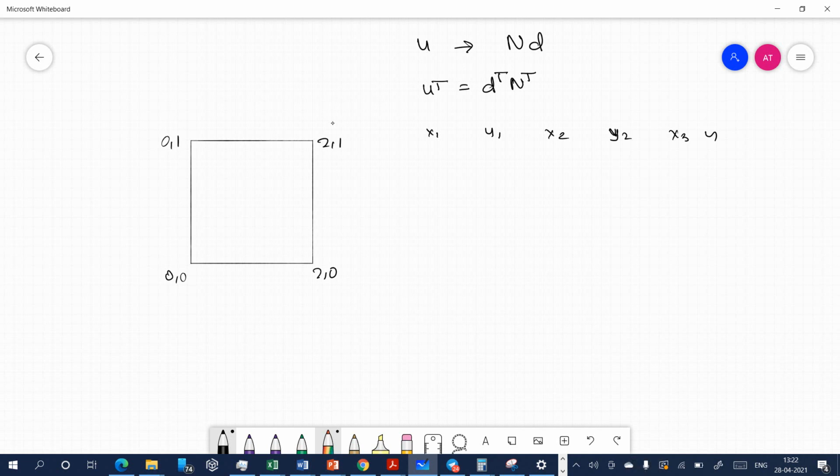Okay, so this is the value of the coordinates, and let us say the value of d, meaning we have u1, v1, u2, v2, u3, v3.